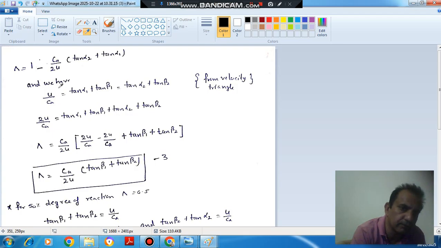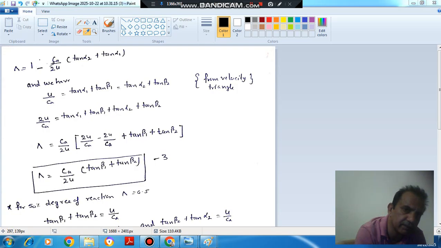And degree of reaction can now be modified. We can take Ca by 2U common, and multiply here 2U by Ca, and now we can put the value of tangent alpha 2 plus tangent alpha 1, that will be 2U by Ca minus tangent beta 1 minus tangent beta 2.